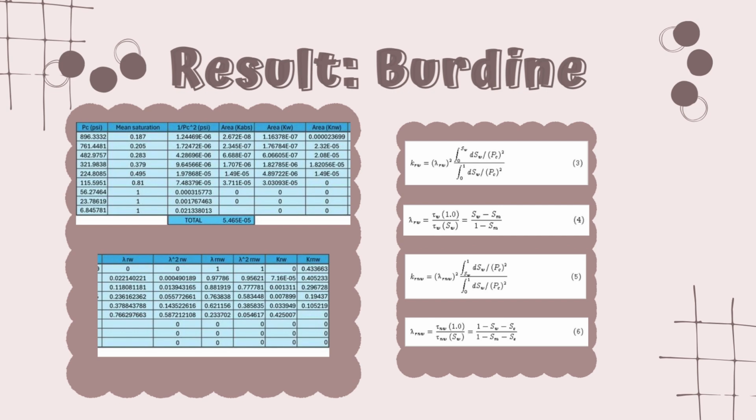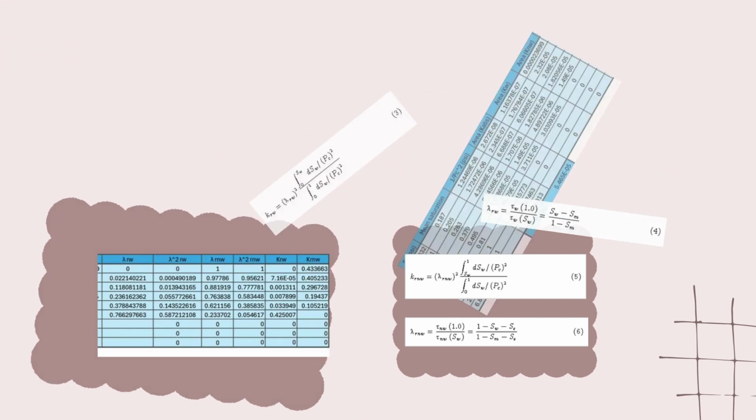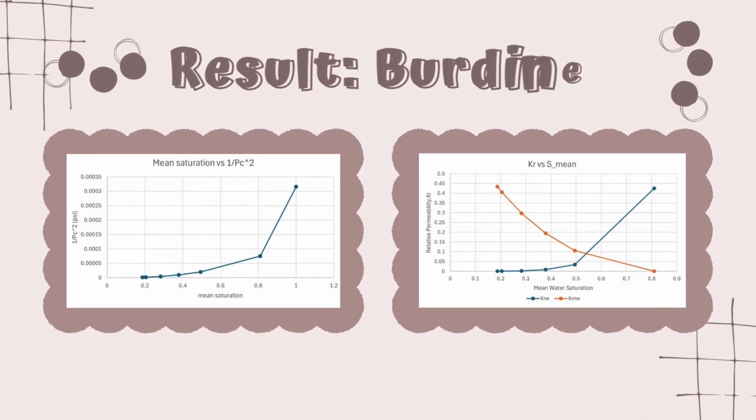And then we apply the same formula but only differ in terms of the saturation ratio for the KNW, because we need 1 minus water saturation and minus equilibrium saturation, which is 0, and divide by 1 minus 0.187 minus equilibrium saturation. The graph represents imbibition because the non-wetting phase is replaced by the wetting phase.